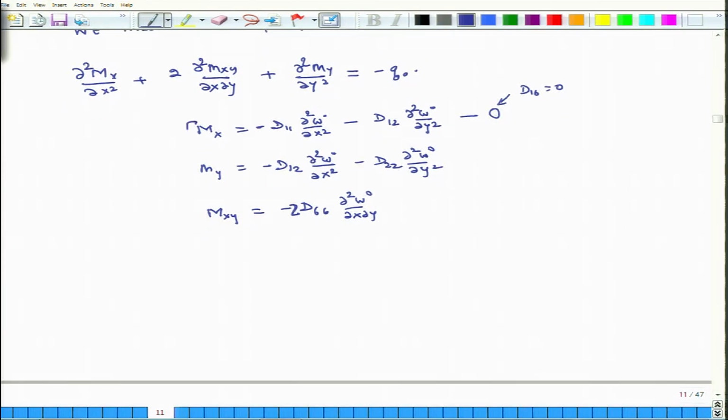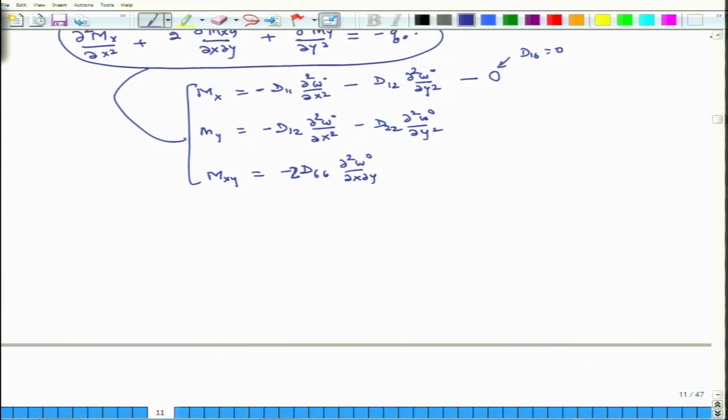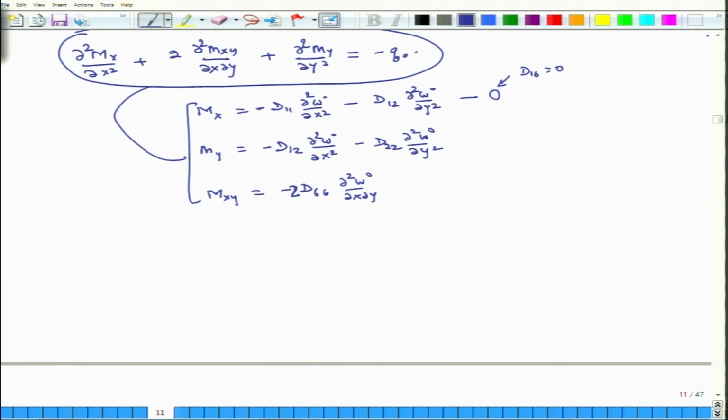So, we put these into this equation, and in this way we will develop an expression for W. What does this become?